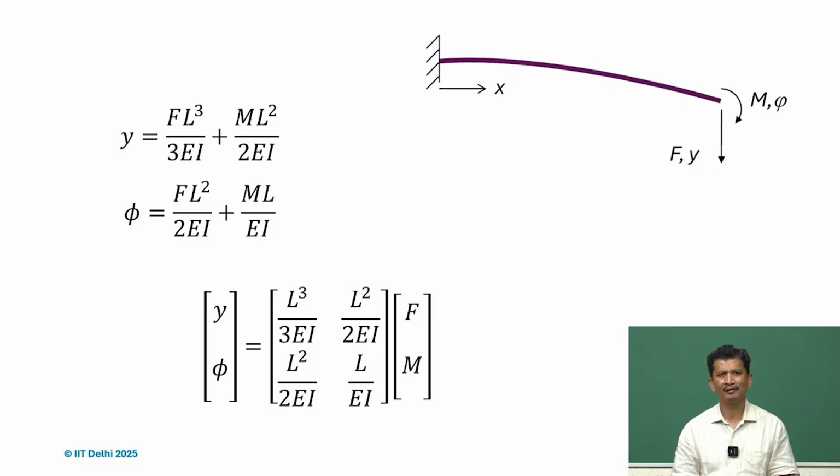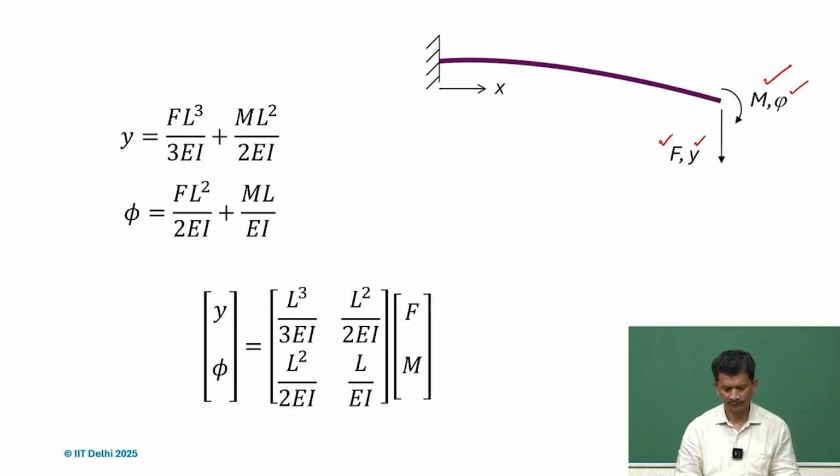Hello everyone, let's continue now. In the last lecture, we have been talking about the deflection, and if we apply forces and moments on a cantilever, y and phi are the associated deflections.